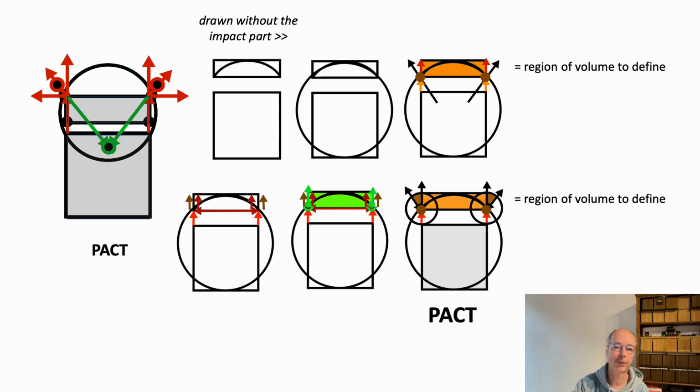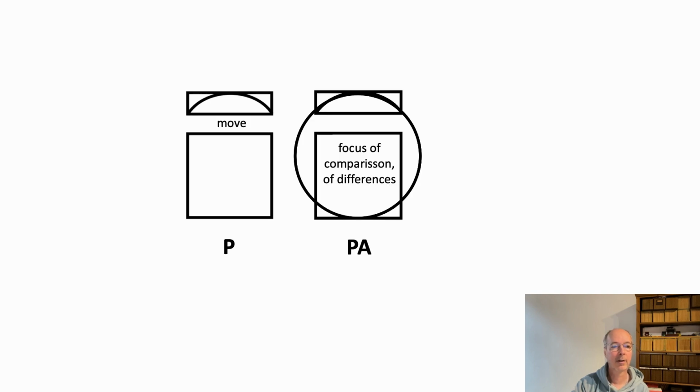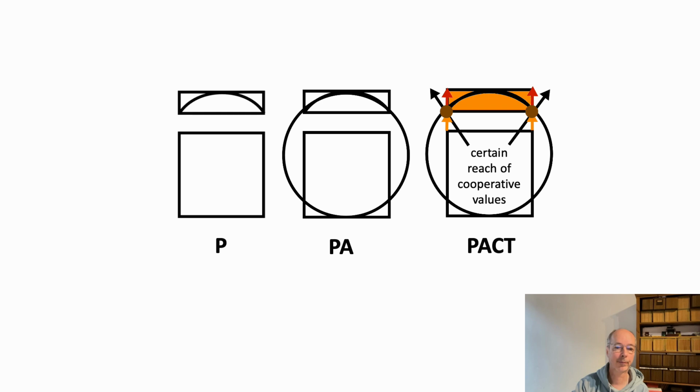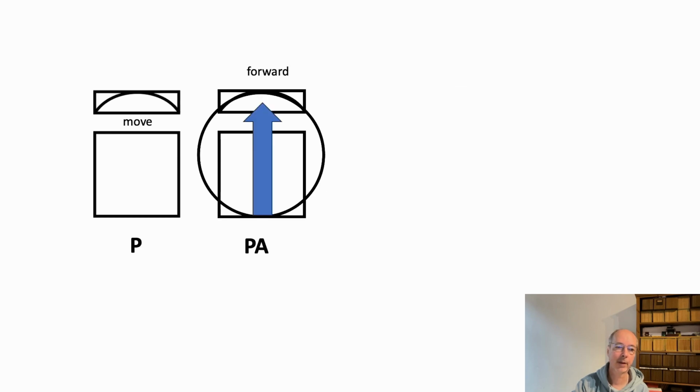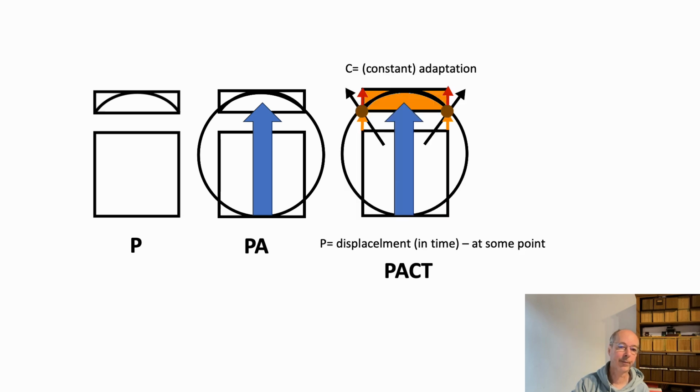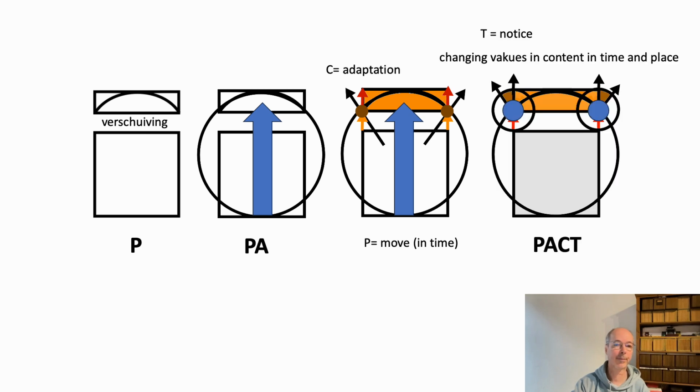So we have a region of volume that we can try to define. So there's of course this moved, and the focus of comparison that I put here is not necessary, but I'll put that from my point of view, and a certain reach of cooperative values because of the C. Once more, so moving forward, and then the adaptation to these cooperative values, and a displacement in time, of course, also at some point.